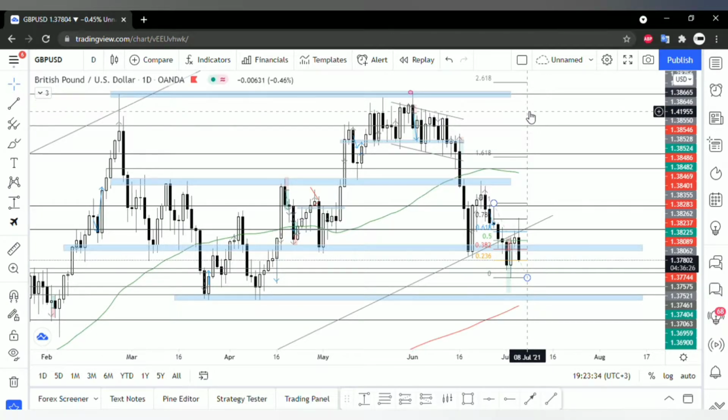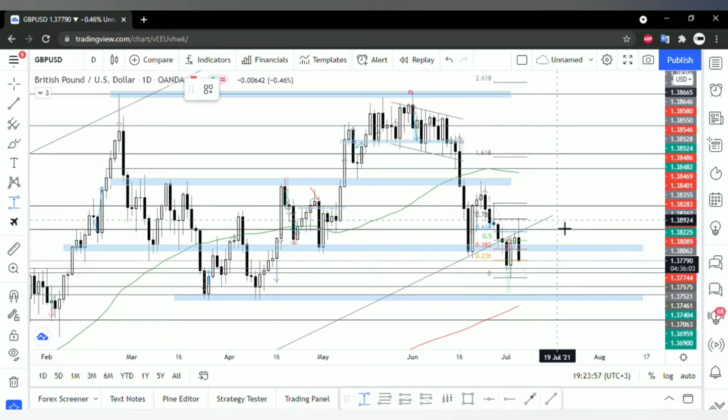Currently we are on the daily time frame, and as you can see, today we've had plenty of movement from this level here, 1.3897, back all the way to level 1.3780, which is a movement of about 113 pips today.